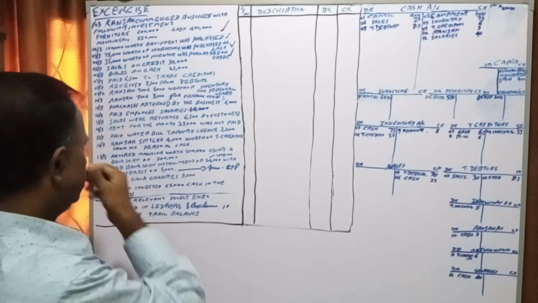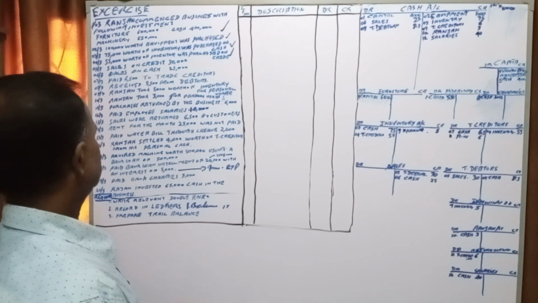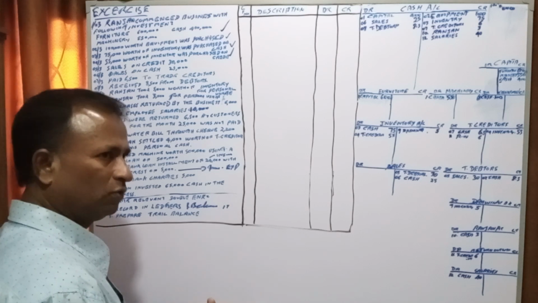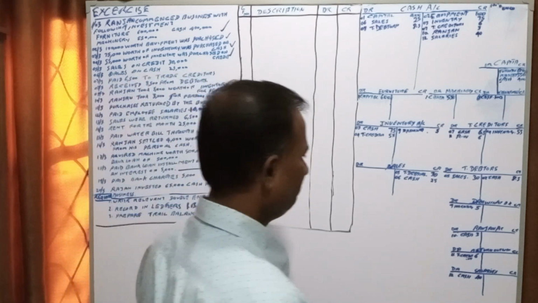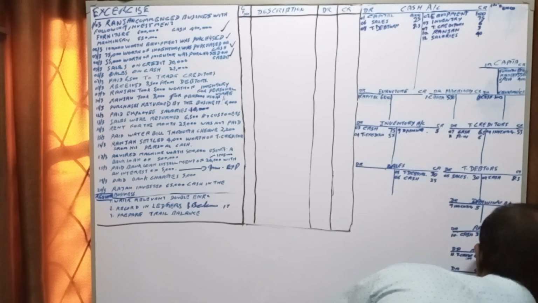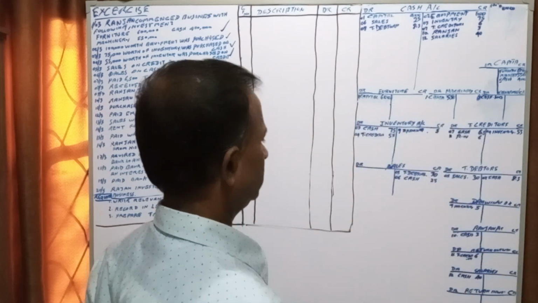13th, sales were returned by customers. Customers have returned 6,000 worth of goods to us. Then return inwards. Another account we will open, return inwards, with DR and CR.